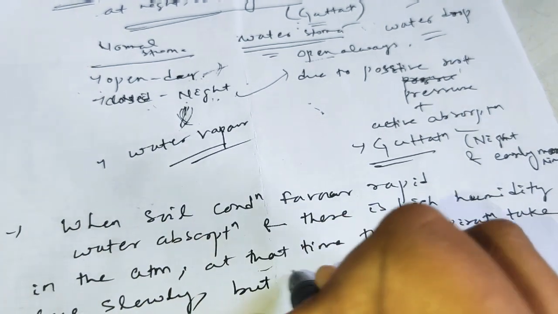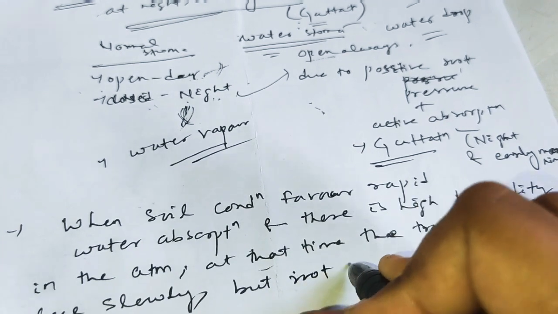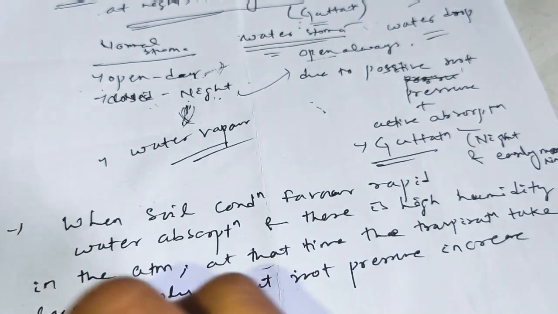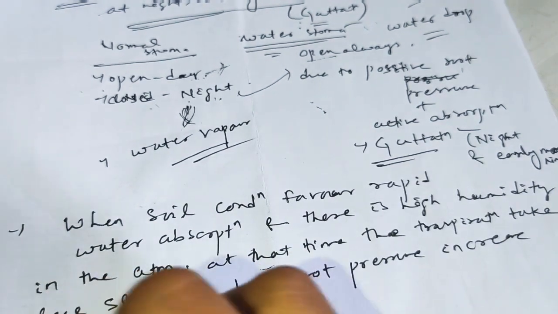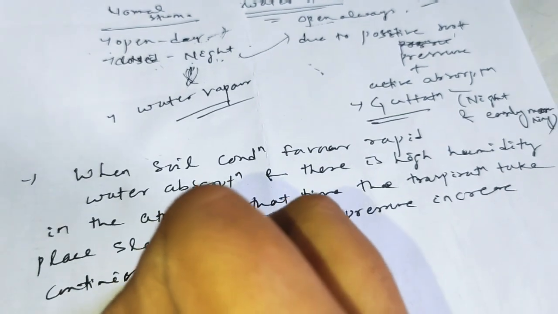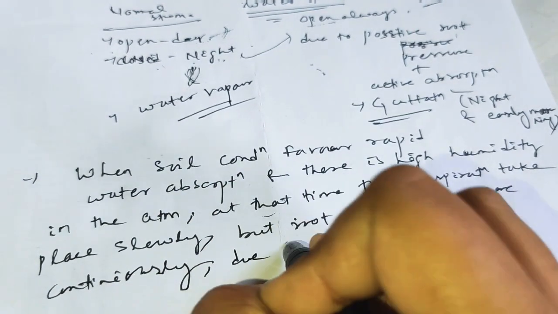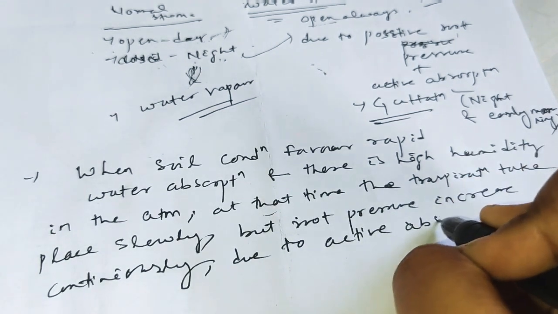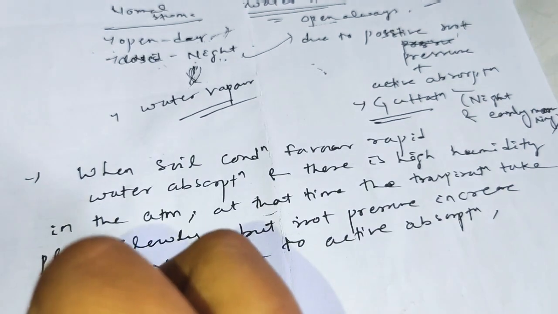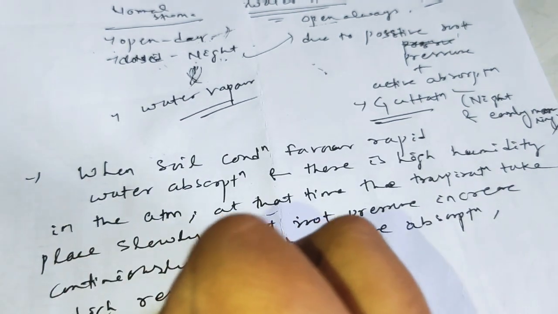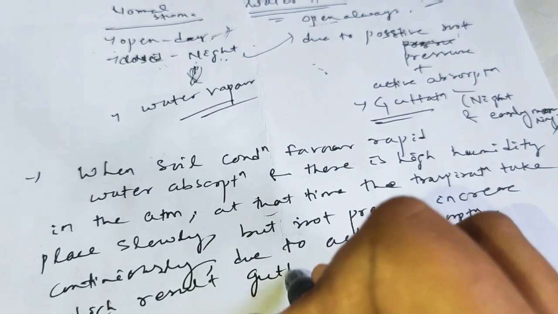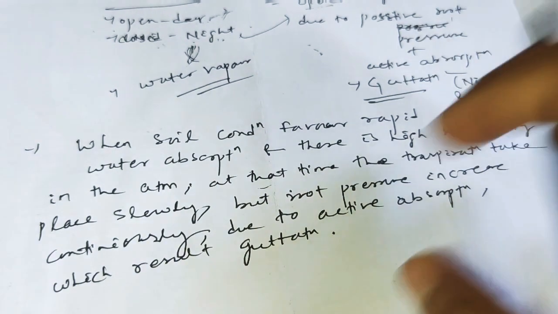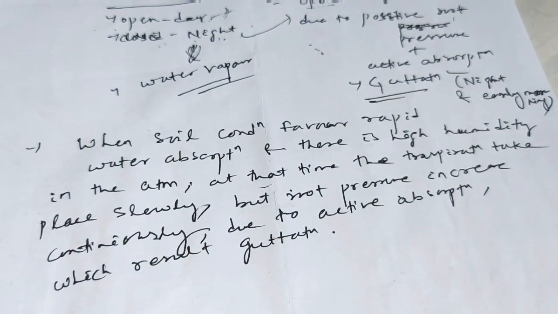But the root pressure increases continuously due to active absorption, which results in guttation. Clear? So this is the main fundamental thing about the cause of guttation. Clear up to this? Okay.